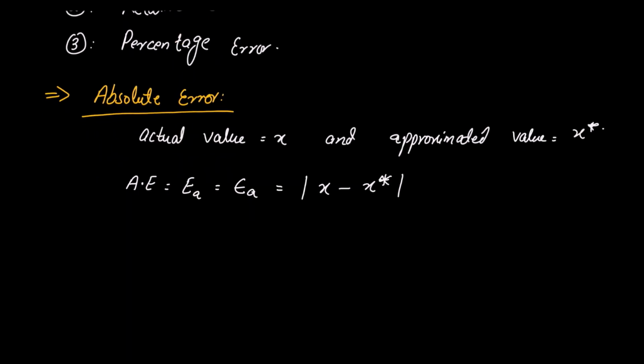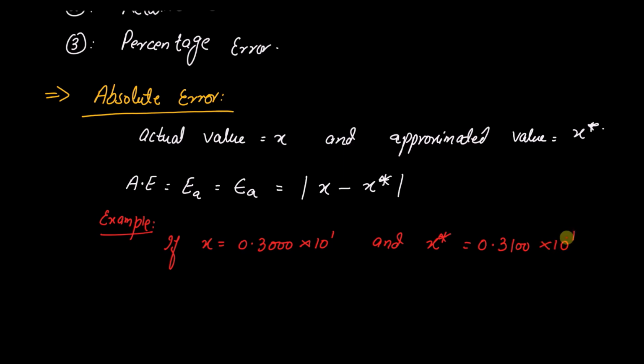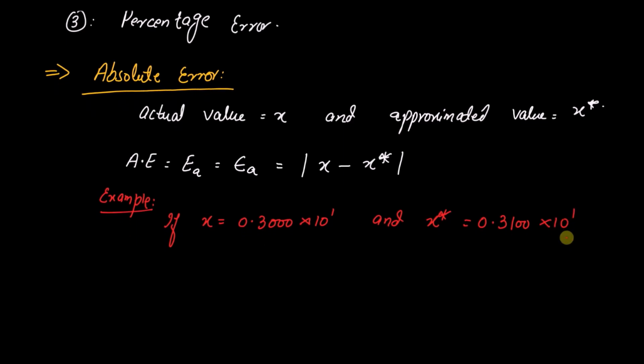So let's discuss an example. Let's suppose x, our actual value, is 0.3000 times 10 raised to the power 1, and x star is 0.3100 times 10 raised to the power 1. Now we are going to calculate the absolute error.